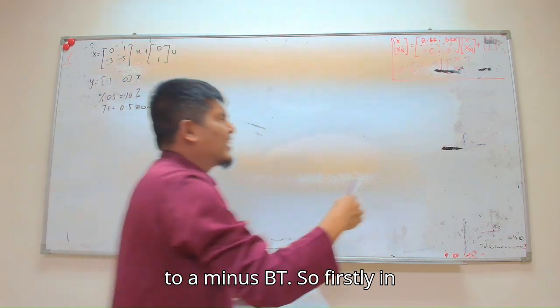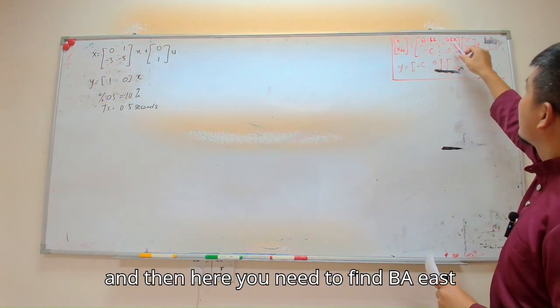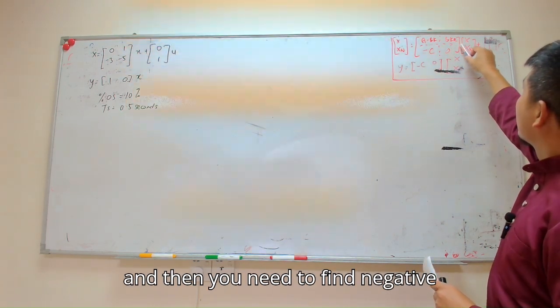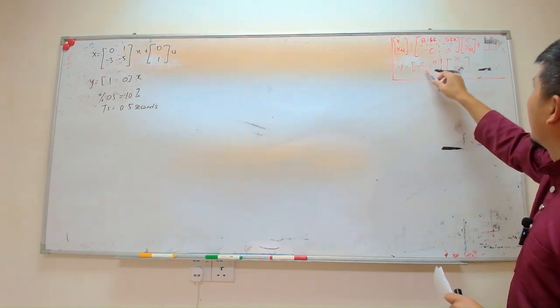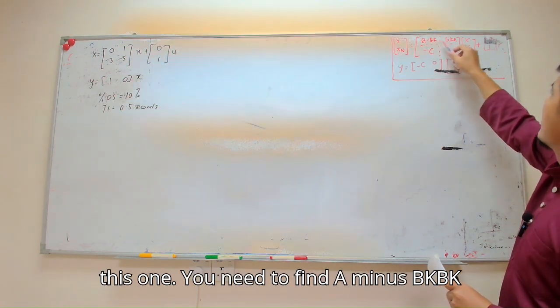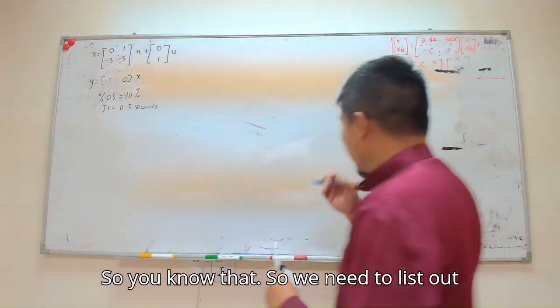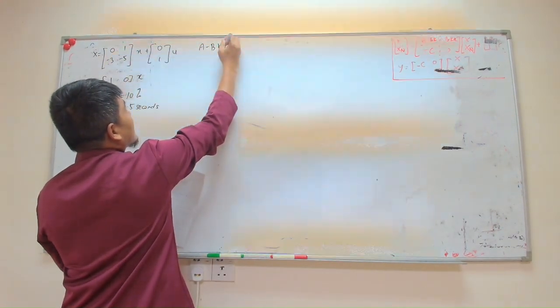So firstly, in here you need to find A minus BK, and then here you need to find BKe, and then you need to find negative C. You need to find A minus BK, BKe, and minus C. So we need to list out A minus BK.